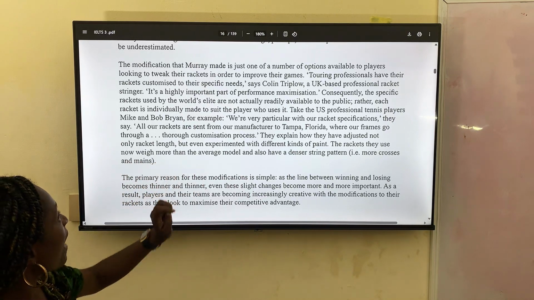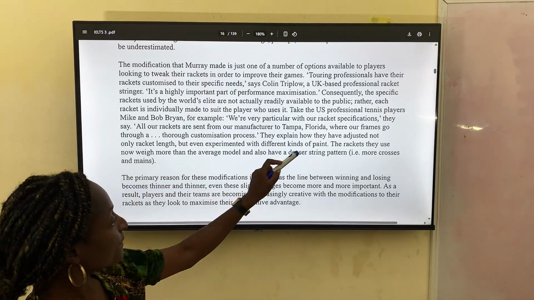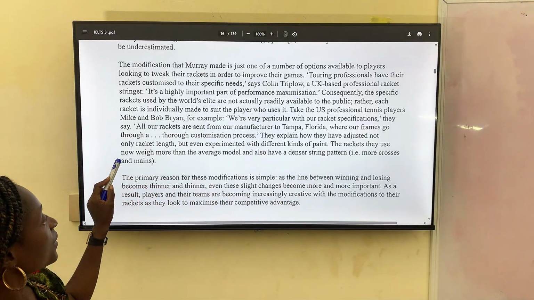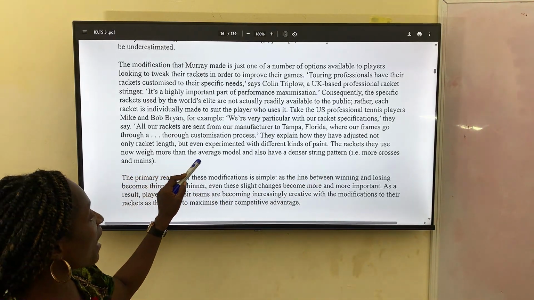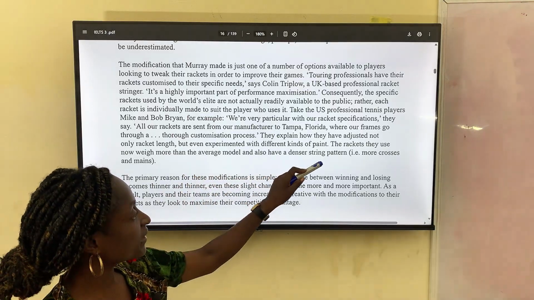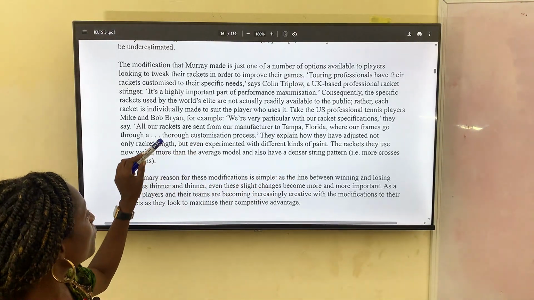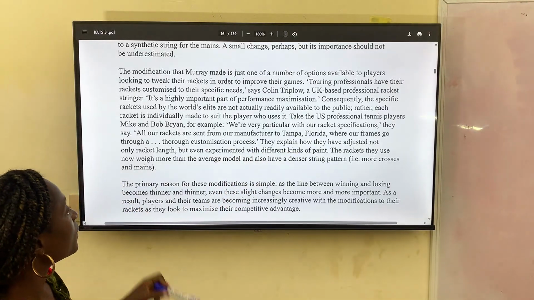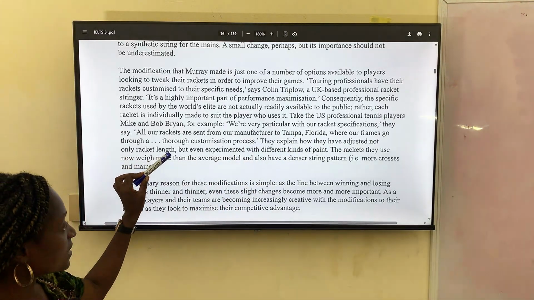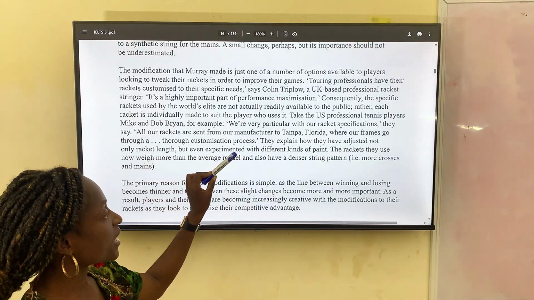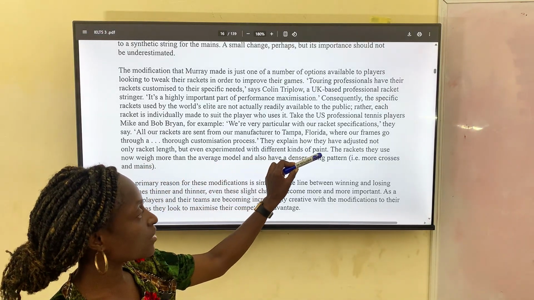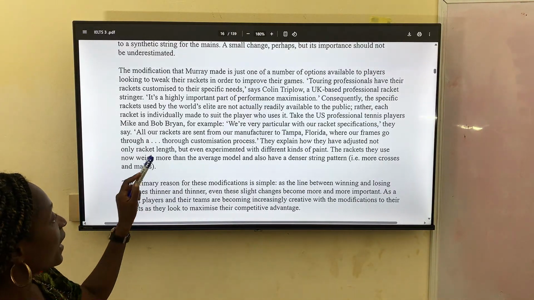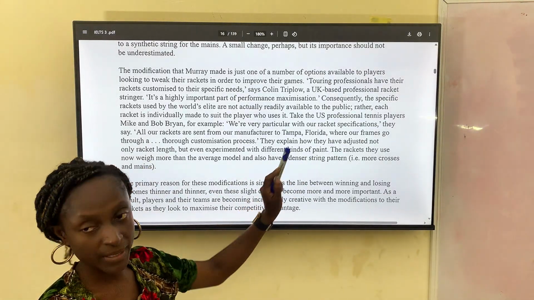This is where we have it. The rackets they use now weigh more than the average model and also have a denser string pattern. So let's move on. We have, they explain how they have adjusted not only racket lengths but even experimented with different kinds of paints. Now what we are going to pick from here would be lengths and paints.